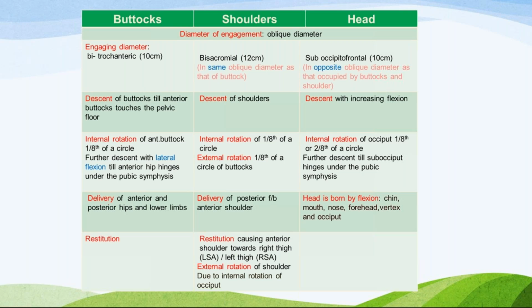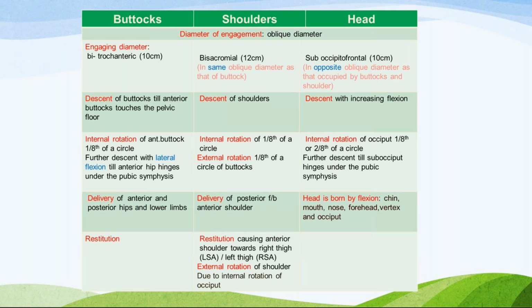Again, this anterior shoulder will hinge behind the symphysis pubis, and the posterior shoulder will deliver followed by the anterior. Here the posterior shoulder is delivering first, followed by the anterior.